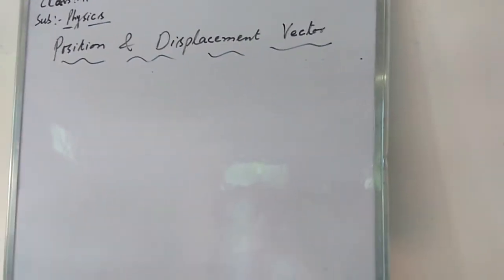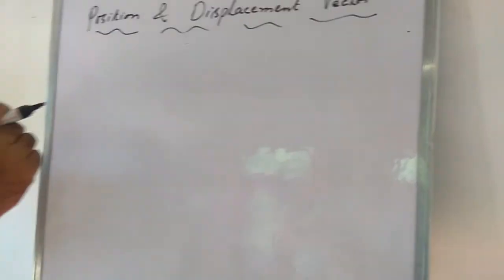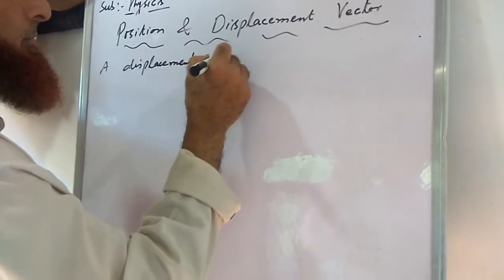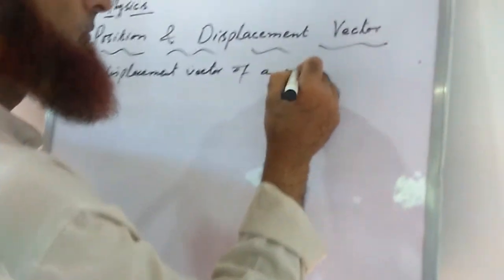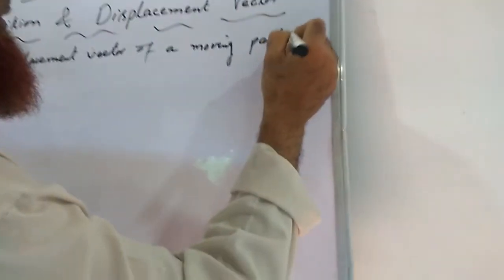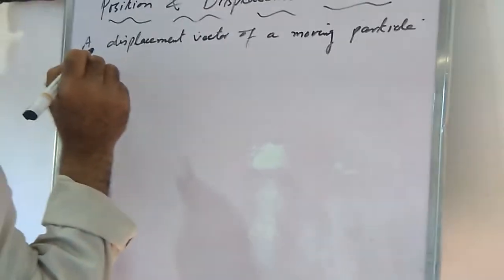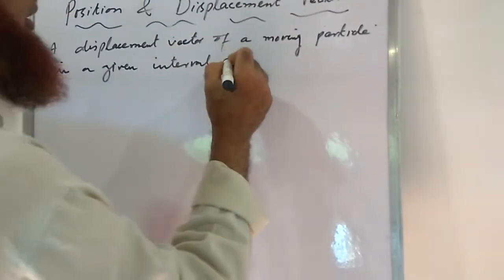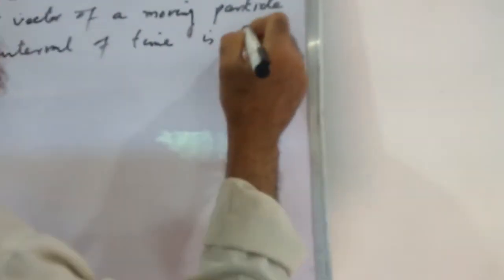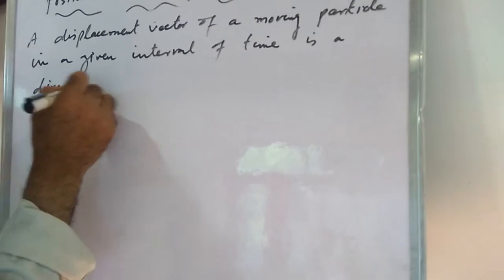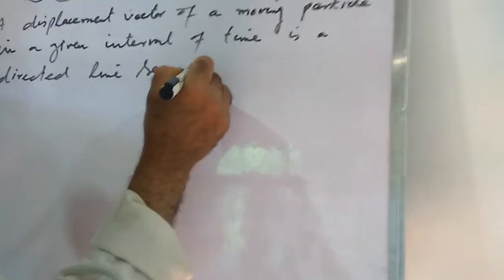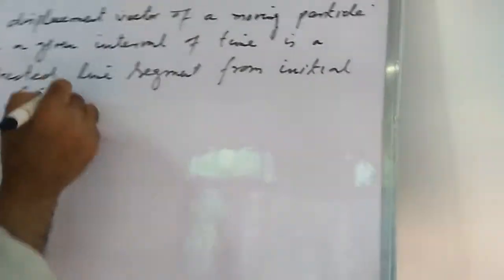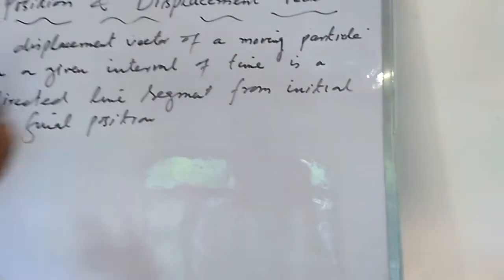Dear students, displacement vector of a moving particle in a given interval of time is a directed line segment from initial to final position of the particle.